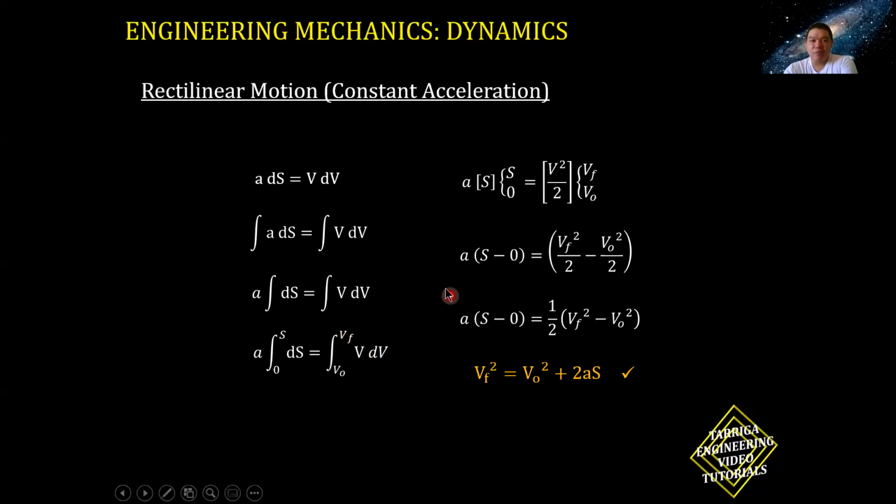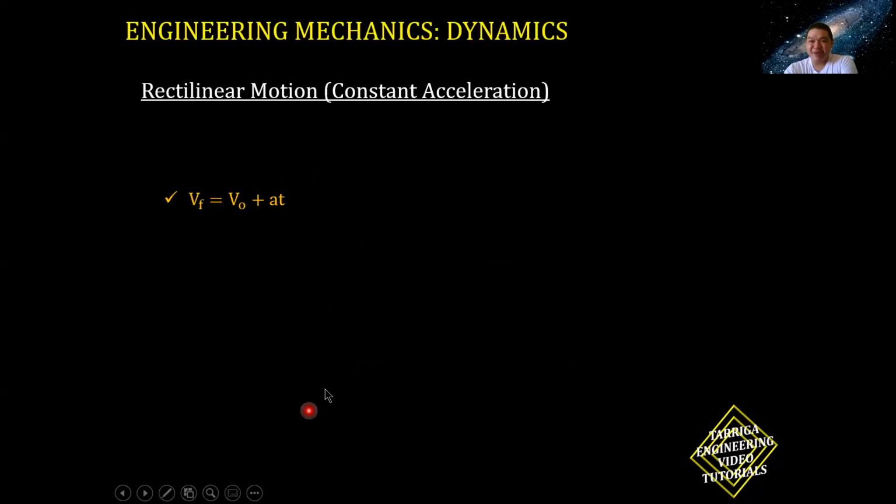And yes, we have completed the constant acceleration formulas. Okay, let's do some recap. So these three are the basic fundamental formulas of constant acceleration. Again, you can only use these for constant acceleration problems in dynamics.